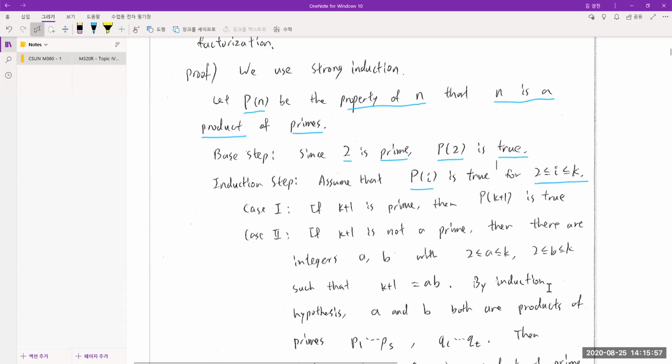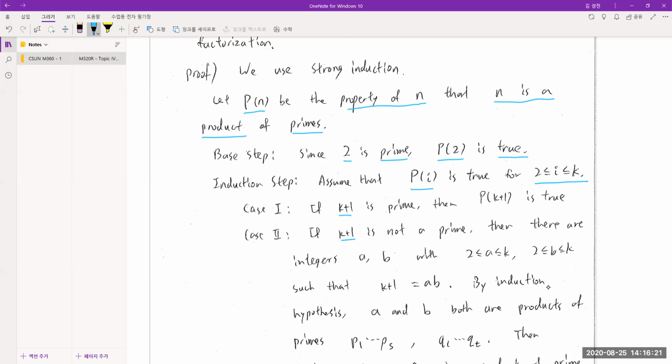For the induction step, we will assume all the previous P(i) with i from 2 through k. And we are now trying to prove the statement P for the next entry. So k plus 1 is the next entry, and we're trying to prove P(k plus 1).